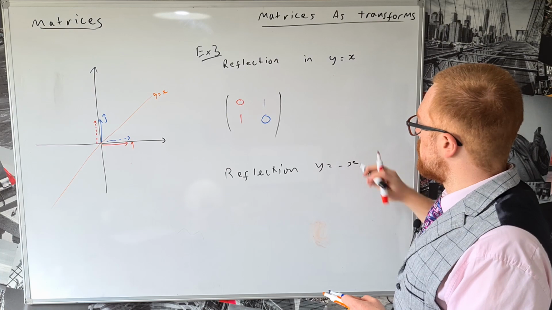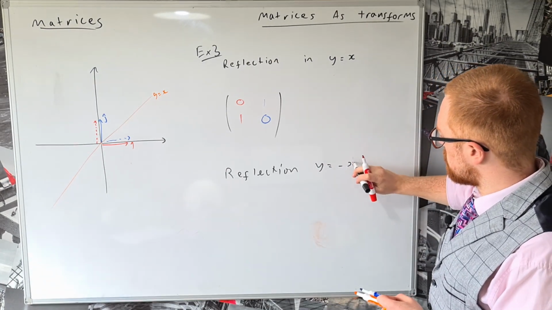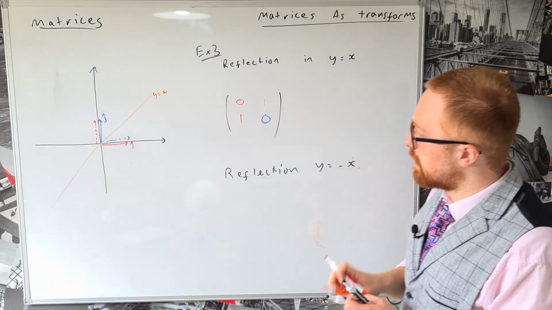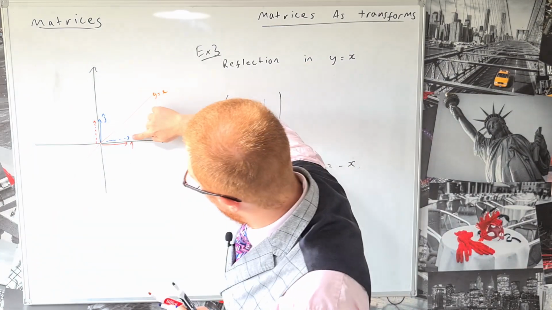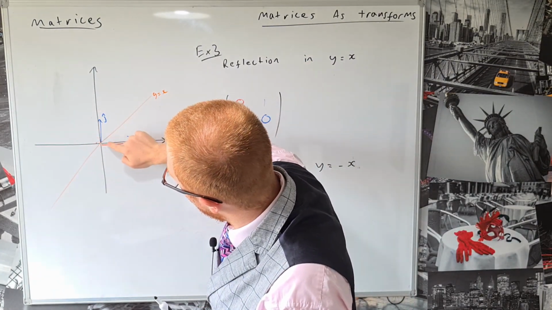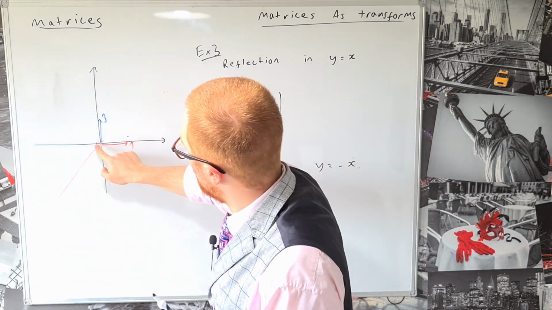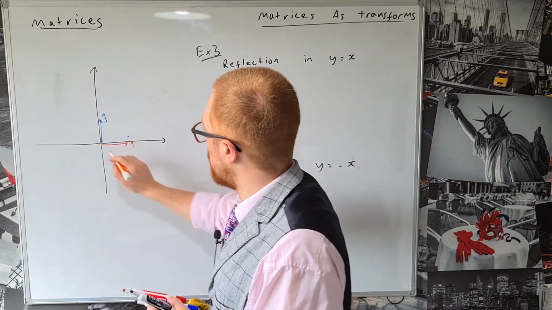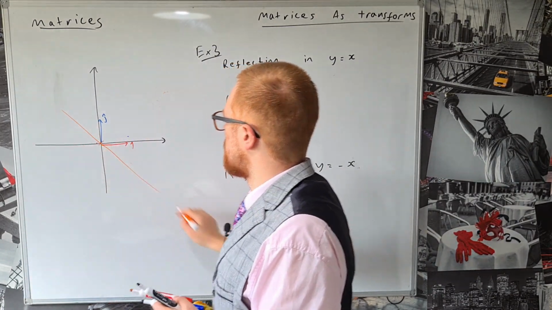Good. Just out of curiosity, let's have a look at what would happen if we reflected it in the line y equals minus x. So we'll get rid of the image of i and the image of j, and this line. Let's draw on the line y equals minus x.